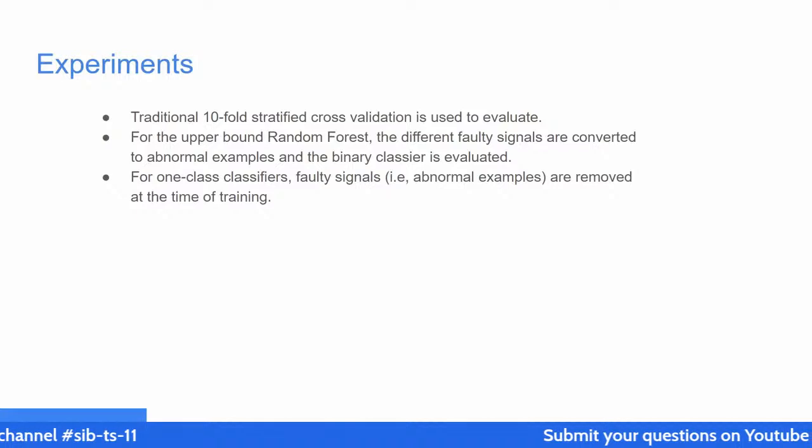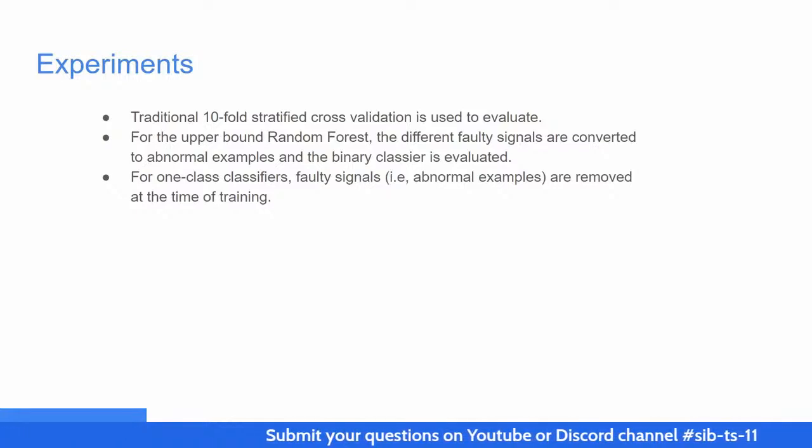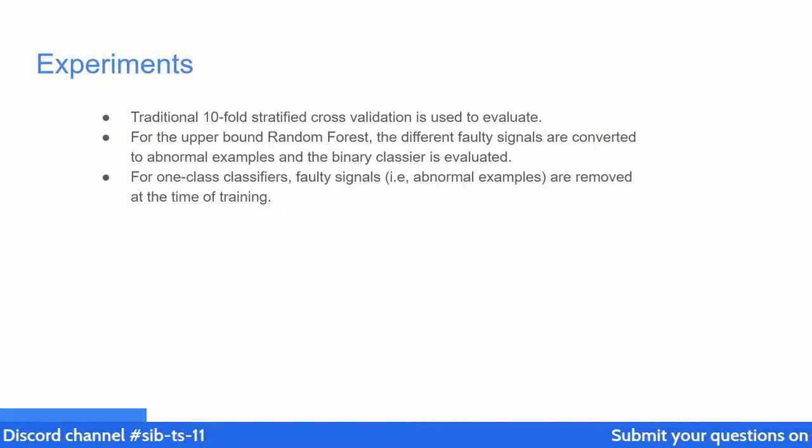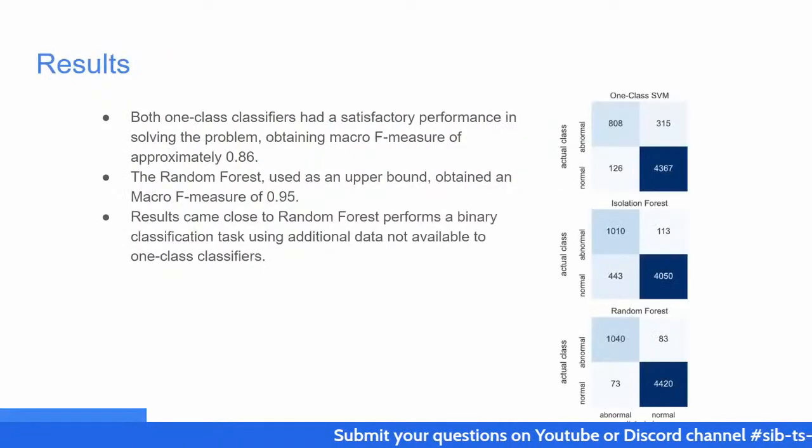For the upper bound random forest, the different fault signals are converted to abnormal examples and the binary classifier is evaluated. The same configuration is used for one-class classifiers, but fault signals, abnormal examples, are removed at training time.